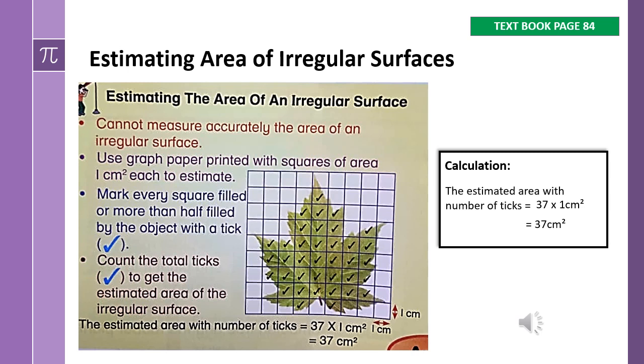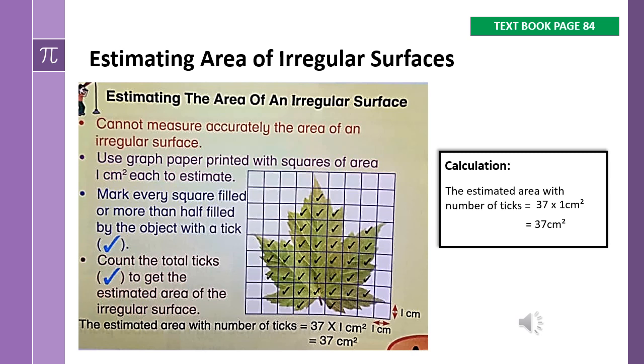Unlike the regular one, because regular surfaces have a smooth surface, and we also use the formula for area of a rectangle, so it's easy to find the area, but not for an irregular surface. So how do we estimate the area of an irregular surface? We use graph paper printed with squares of area 1 square centimeter each to estimate.